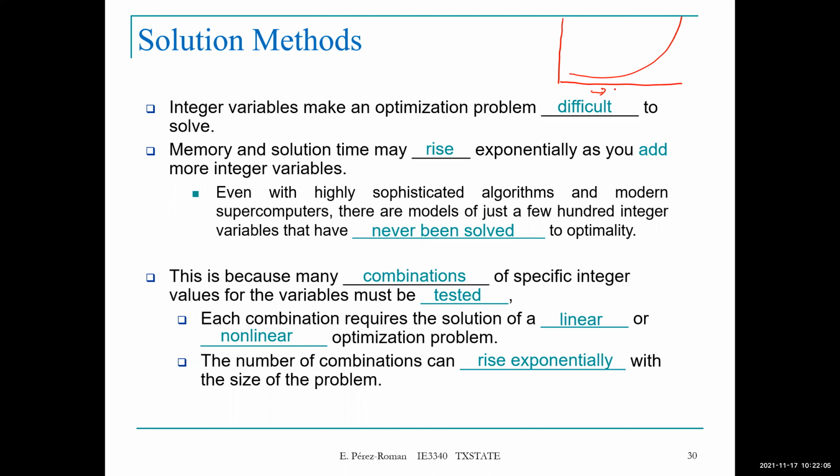As the size increases, and this is solution time, the solution time also increases exponentially. So that's drastic. When we say exponentially, it means that the change is very drastic. So the number of combinations can rise exponentially with the size of the problem.